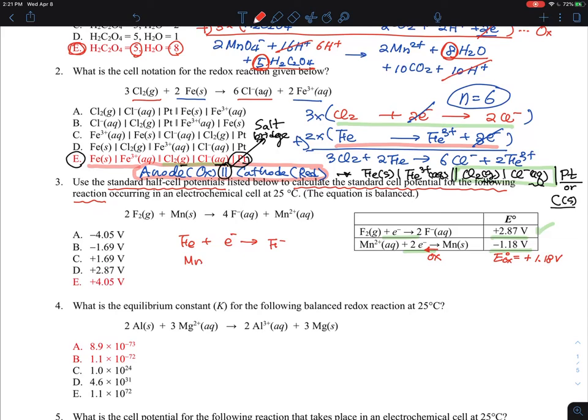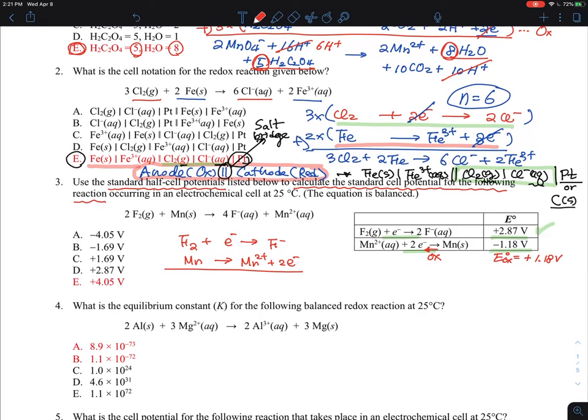So manganese is oxidized to Mn2+, and the 2 electrons, right? Not Fe. What happened here? F2, fluorine gas.